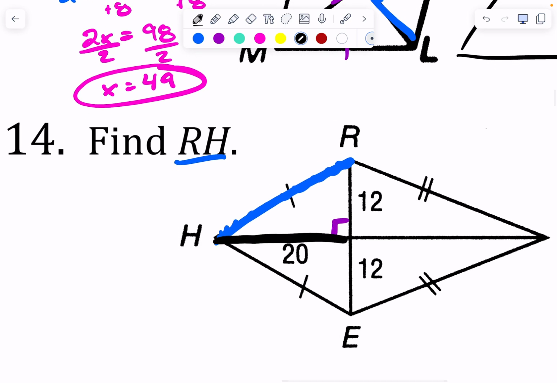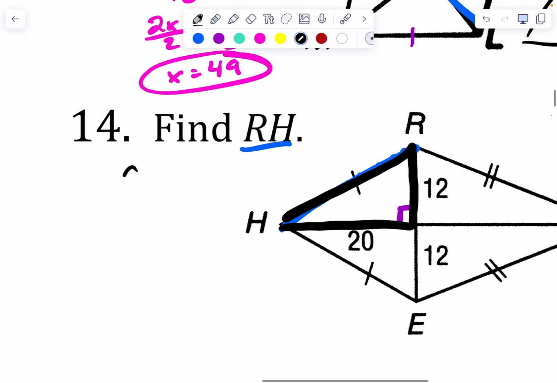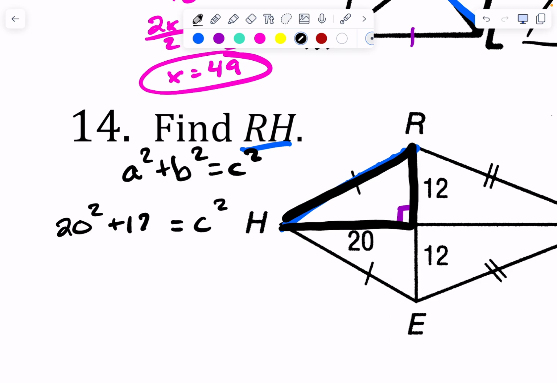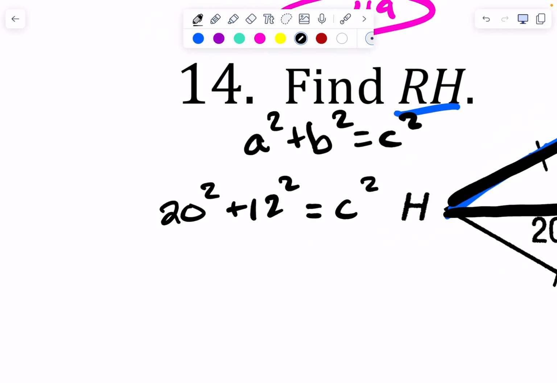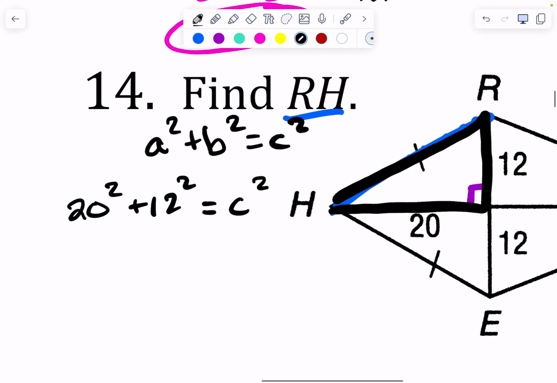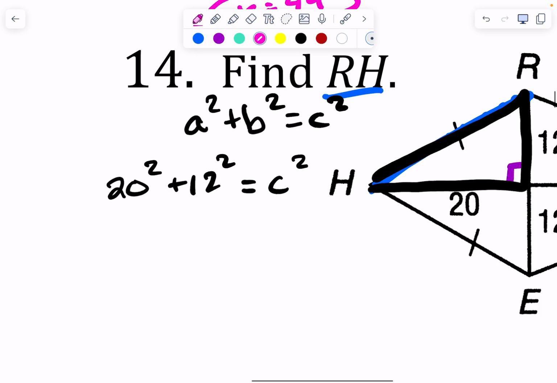This guy right here is a right triangle, which means we can use A squared plus B squared equals C squared. Which side is side C? The blank one. What do you want A to be? 20. Sure. 20 squared plus 12 squared. I think this might be a fancy right triangle, but we'll find out. 20 squared is 400 plus 144 equals C squared.